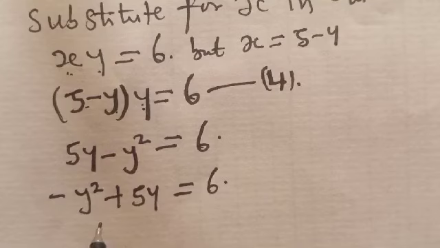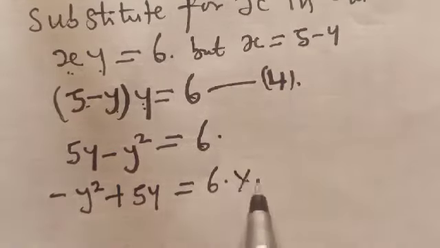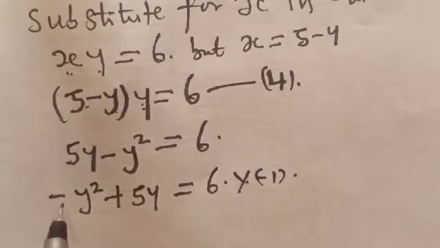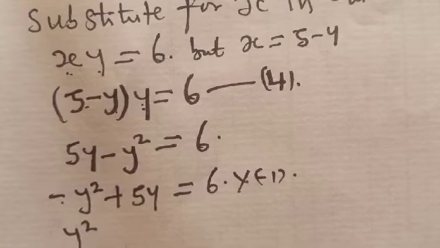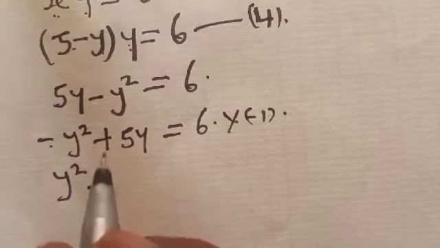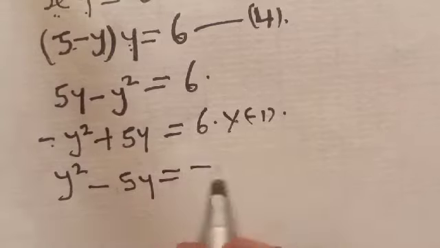Then, in order to make it simpler and easier, you can now multiply through by the minus sign. That is, multiply this by minus 1. Then if minus multiplies this minus, it becomes plus. We have y squared minus 5y is equal to minus 6.